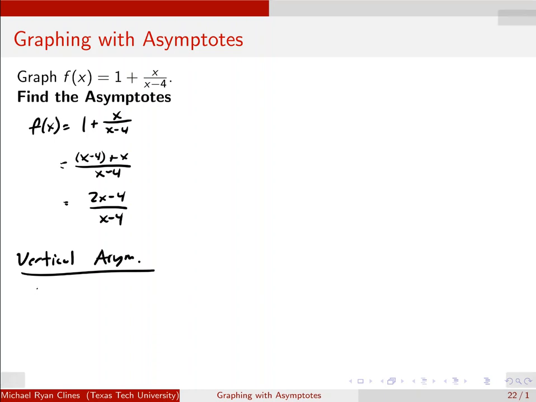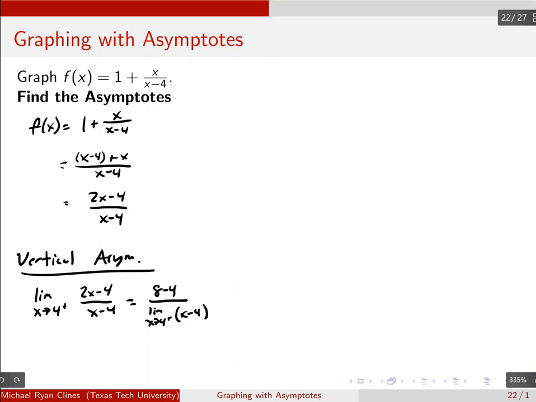So let's take the limit as x approaches 4 from the right of 2x minus 4 over x minus 4. Well, we plug in 4 into the numerator, then we get 8 minus 4 over the limit as x approaches 4 from the right of x minus 4. Well, that's just going to become 4. So we have 4 divided by the limit as x approaches 4 from the right of x minus 4.